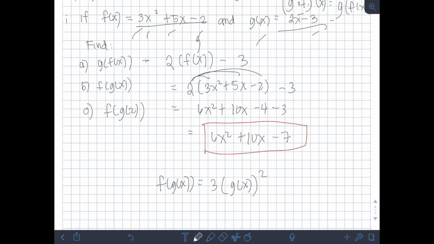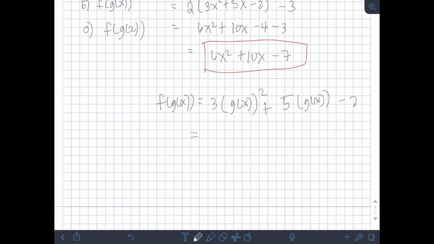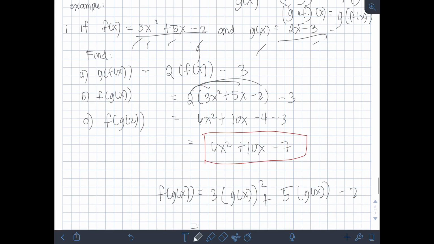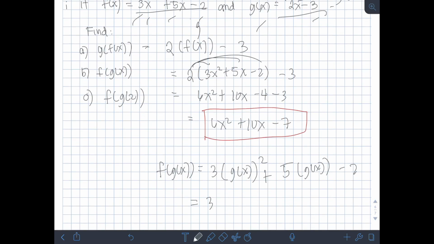So we have 3 times g of x quantity squared plus 5 times yung x, papalitan ulit natin ng g of x minus 2. Ngayon, i-change na natin yung actual value ng g of x in terms of x. So we have 3 times g of x is 2x minus 3, right? So 2x minus 3 quantity squared plus 5 times 2x minus 3 ulit minus 2.